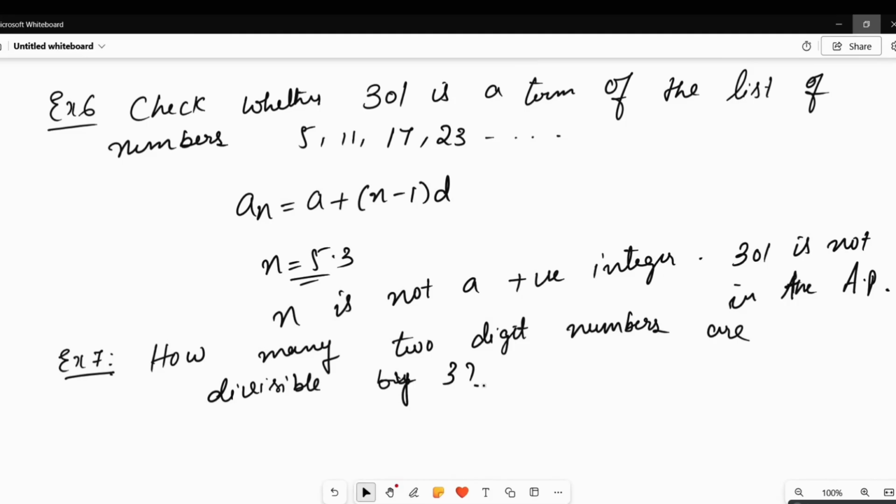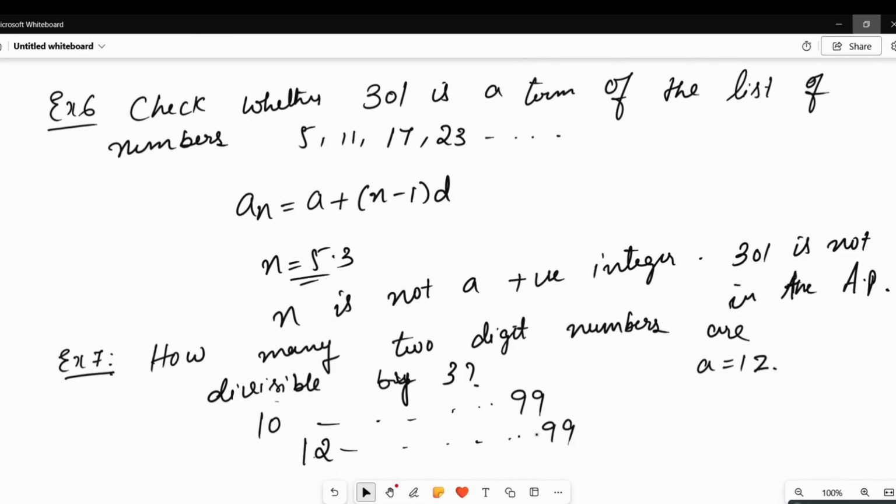Here, two-digit numbers start from 10, right? And end at 99. So 10 is divisible by 3? No. 11? No. So 12 is the first number which is divisible. Then what about 99? Is it divisible? Yeah.